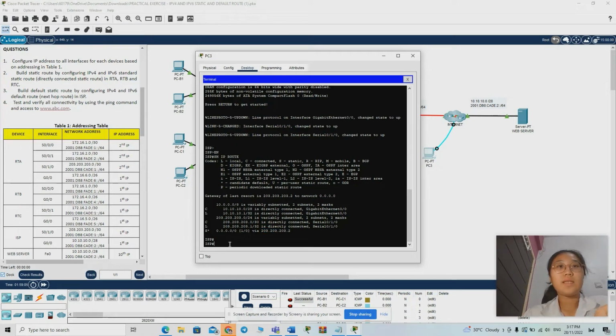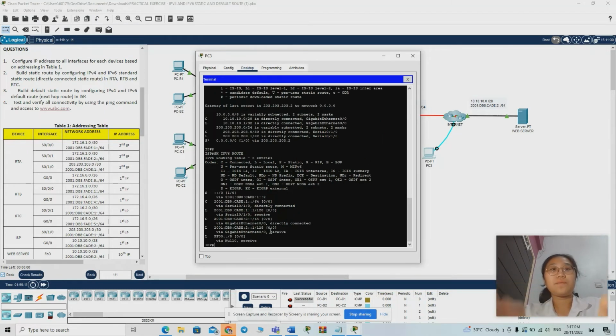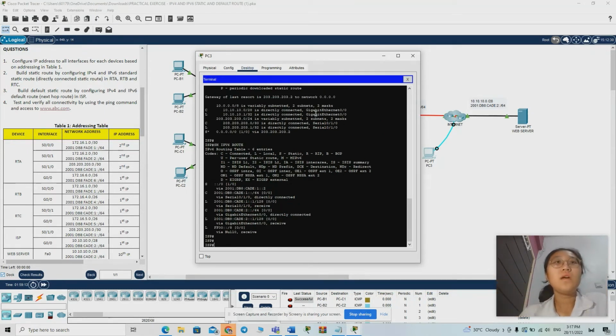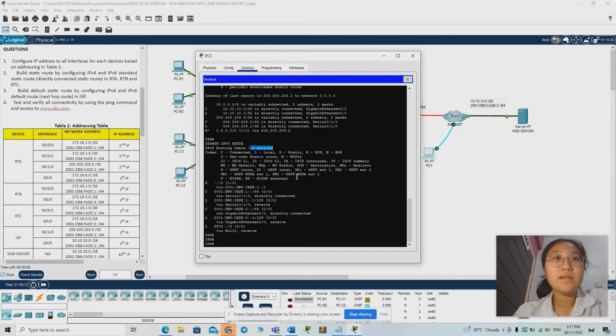So let's see the IPv6. Show ipv6 route. So for the IPv6 route, there are 6 entries, with the same codes.